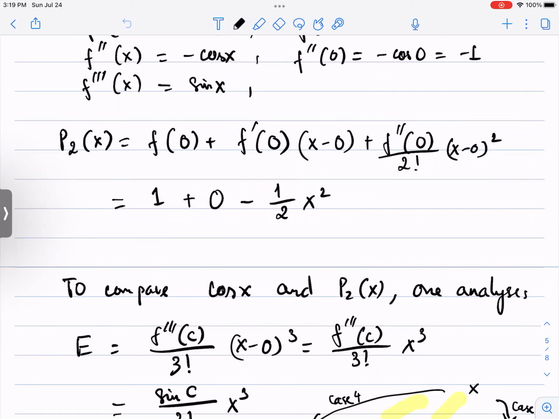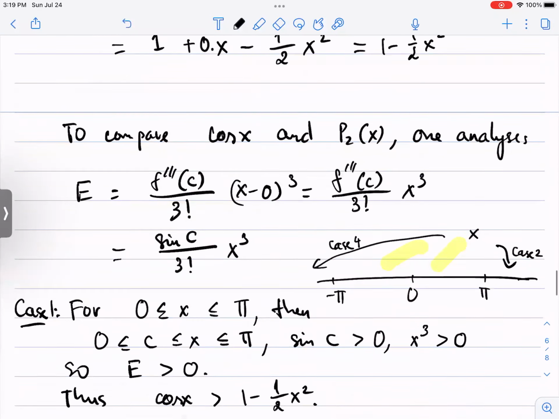So we can write out the Taylor polynomial of degree 2, which is 1 plus 0 times x minus 1 half x squared, which is 1 minus 1 half x squared.